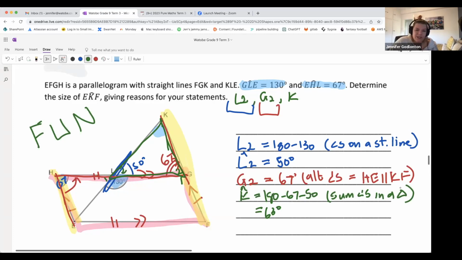I know that these questions are a little bit intimidating because there's lines everywhere and colors and angles. The most important thing to keep in mind is when there are parallel lines, always think of FUN, because there will generally be a question with one of those letters if they are parallel lines. And then the key is to look at what angles you have and think, which one of these letters would help me?